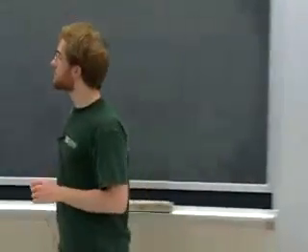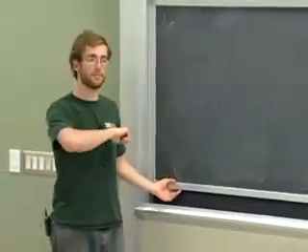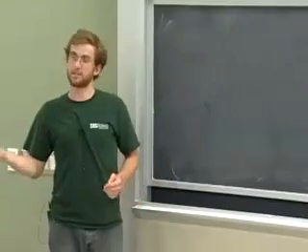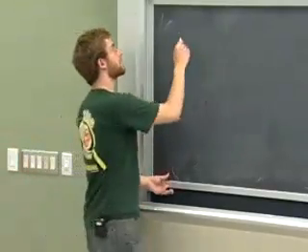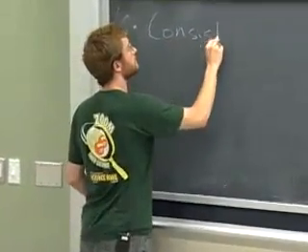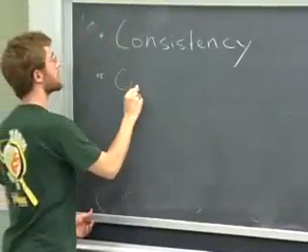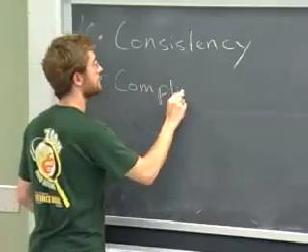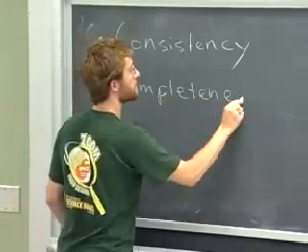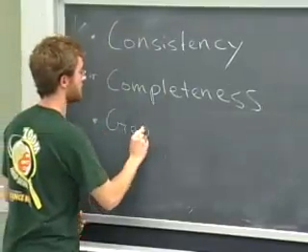All right, so chapter 4, which I asked you guys to have read for the previous lecture, even though you had an entire lecture on recursion, was about three things: consistency, completeness, and geometry.